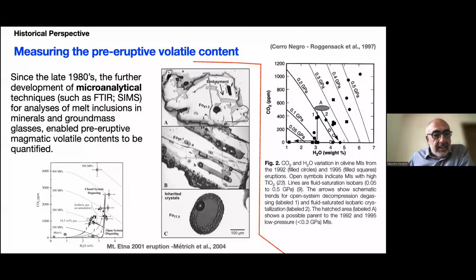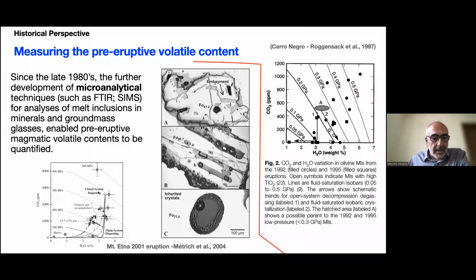Since the late 1980s, further development of microanalytical techniques like FTIR or SIMS allowed an evaluation of water, in general of volatile content, inside the minerals, within the ore environment, and so on. This is the paper for Cerro Negro, by Roggensack, in which they estimated the content of water in melt inclusions, and they also followed the evolution during time.